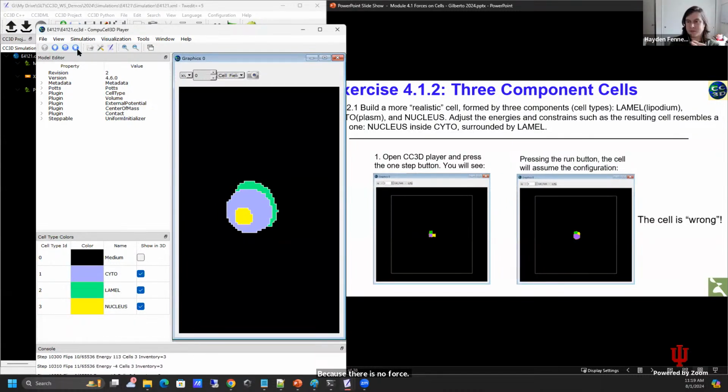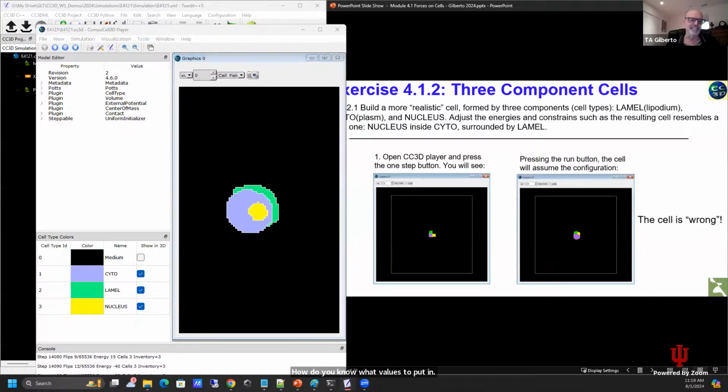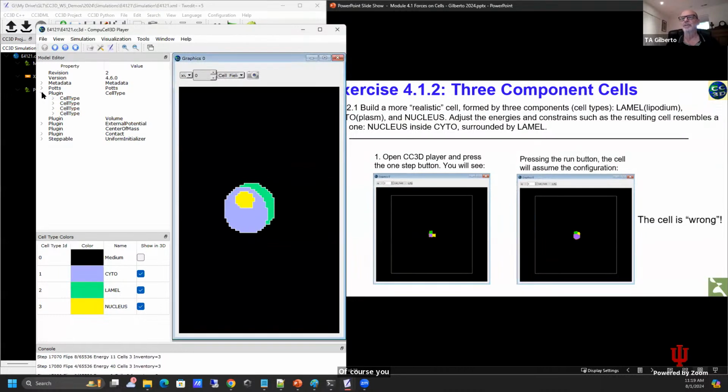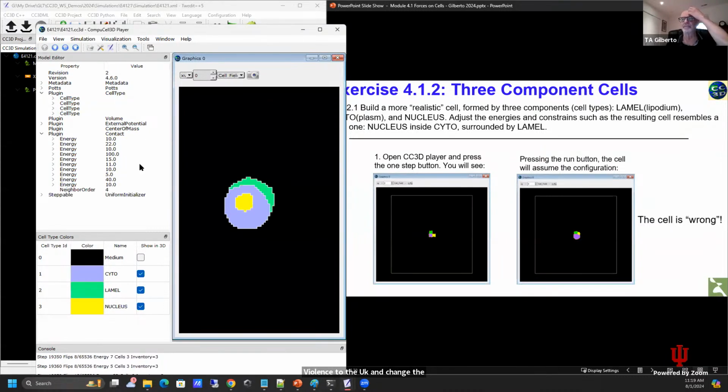Gilberto, while this runs, we have a good question in the chat. How did you obtain the parameter values? How do you know what values to put in? By brute force, trying, changing and looking, change and running. Of course, you can change the values here in the contact windows.